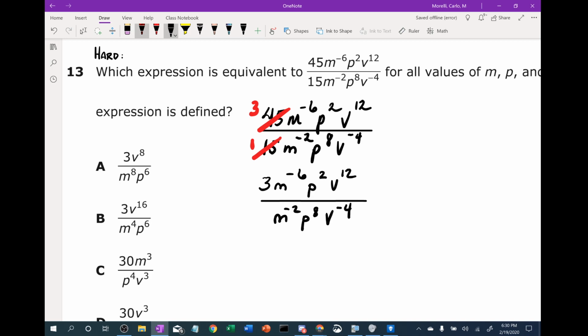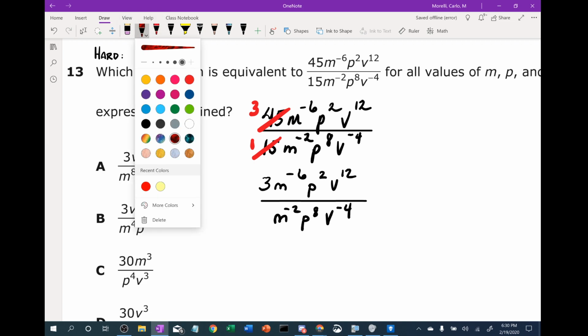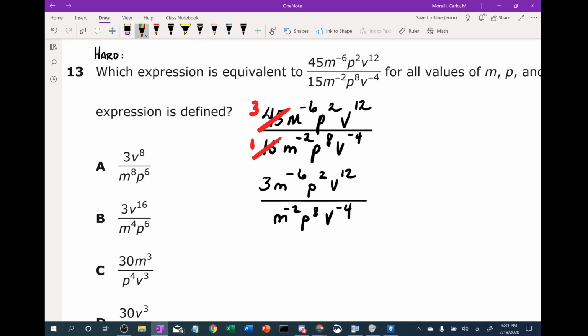And guys, basically what we're going to do here is separate these out and work on each letter at a time. I'll even separate out the numbers, and then each letter we consider individually. Okay? So we'll have the 3 out by himself. All right, he's just hanging out by himself, 3 over 1.